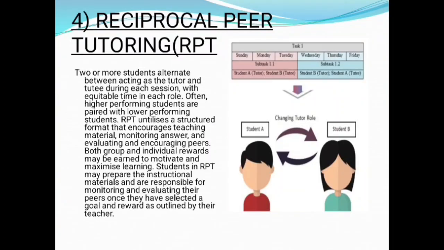Often higher performing students are paired with lower performing students. RPT utilizes a structured format that encourages teaching material, monitoring answers, and evaluating and encouraging peers. Both group and individual rewards may be earned to motivate and maximize learning.